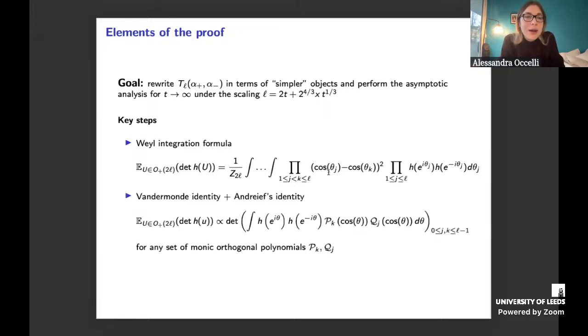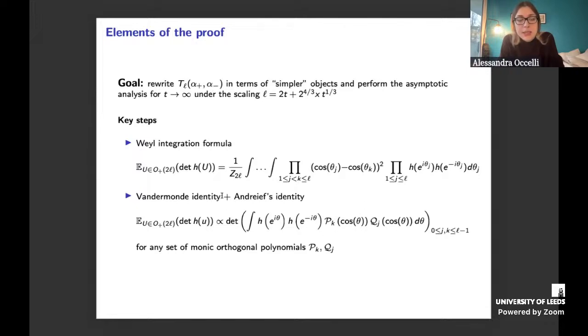Then we will write this Vandermonde in terms of two sets of monic orthogonal polynomials.